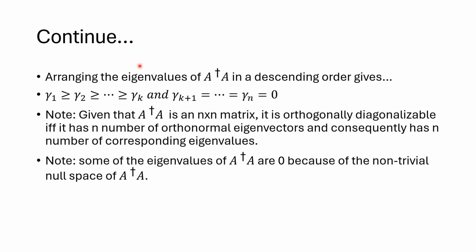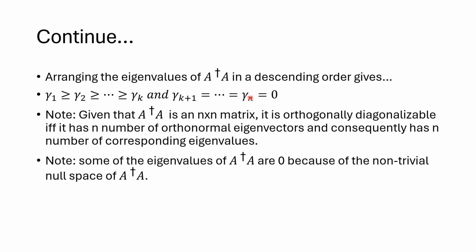So since we have n number of eigenvalues, not necessarily distinct, because of course some of them are going to be 0, some of them might be positive and equal to each other, but we know that there are n number of eigenvalues corresponding to their orthonormal eigenvectors of the matrix V, according to the orthogonal diagonalization.